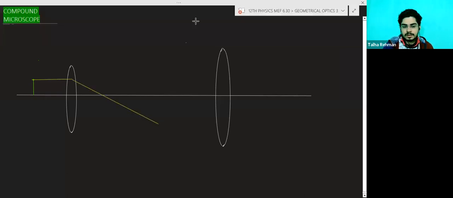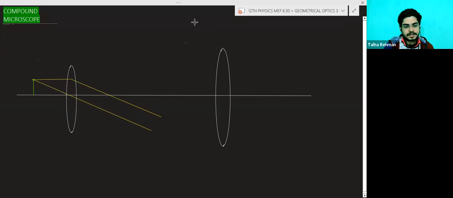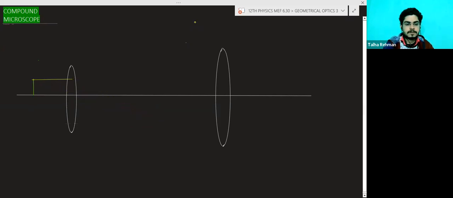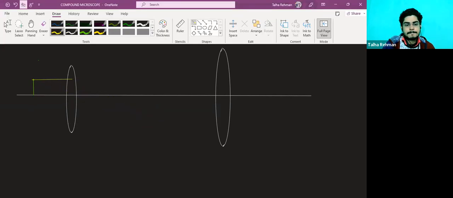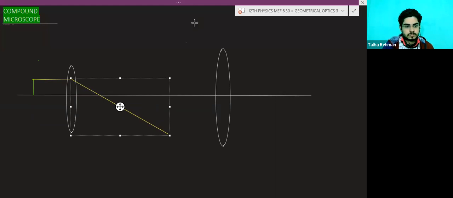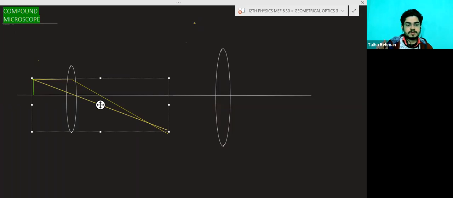A ray parallel to the axis will pass through the focus, and another ray from the object through the optical center will pass straight. Somewhere here the image will form.